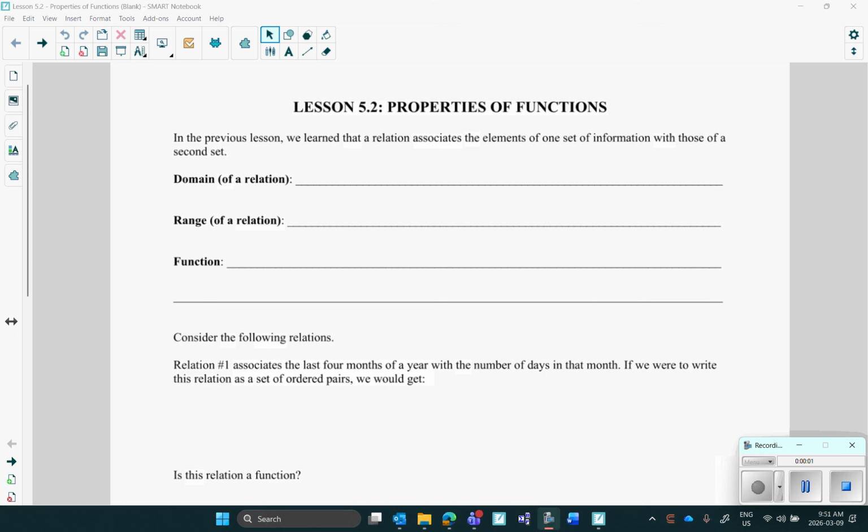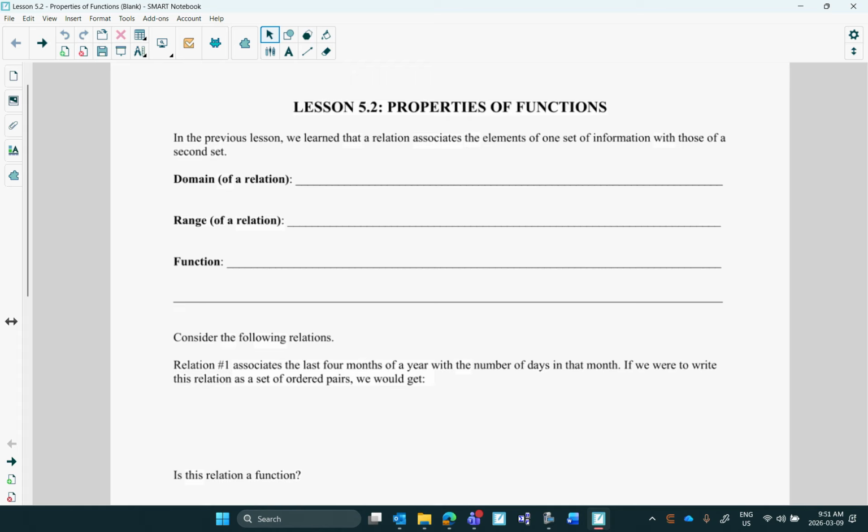So we were talking about relations, which is some rule that associates one set of information with another set of information. We're going to talk about a couple of new words that we're going to be using quite a bit in future years, grade 11 and grade 12. These three words here.